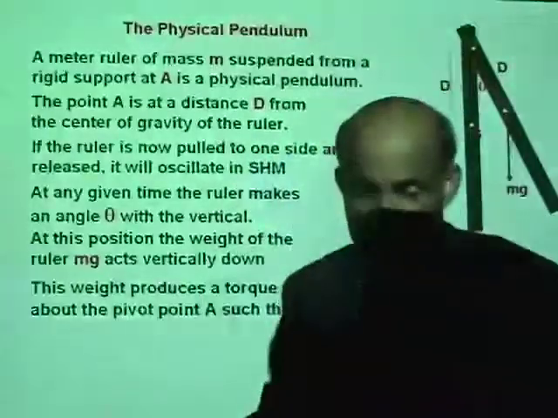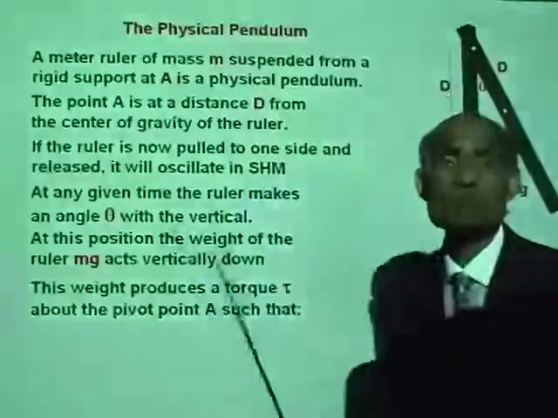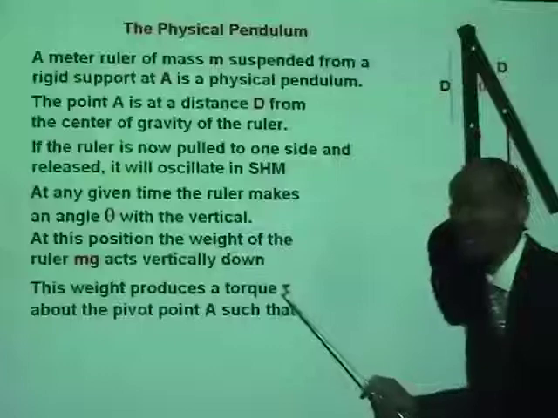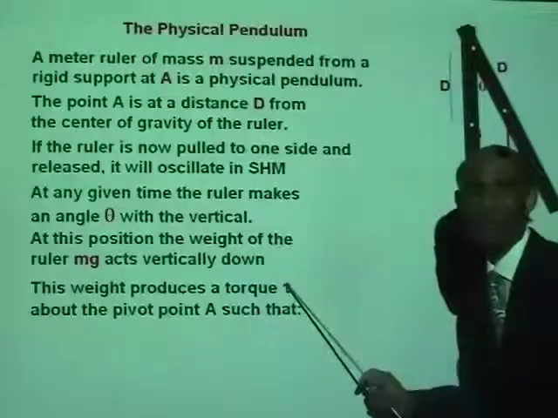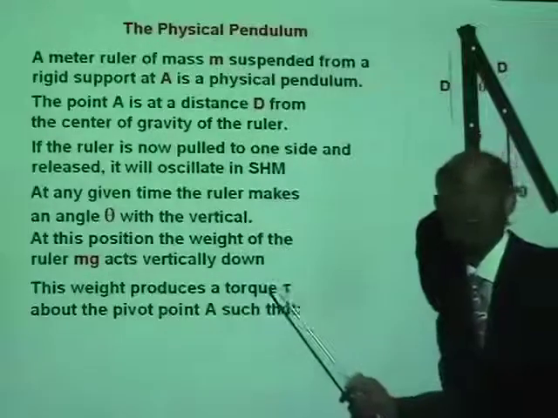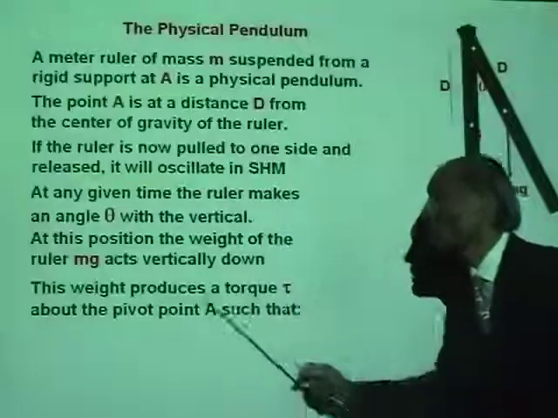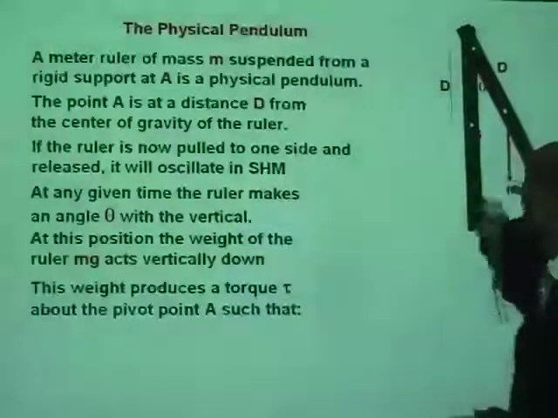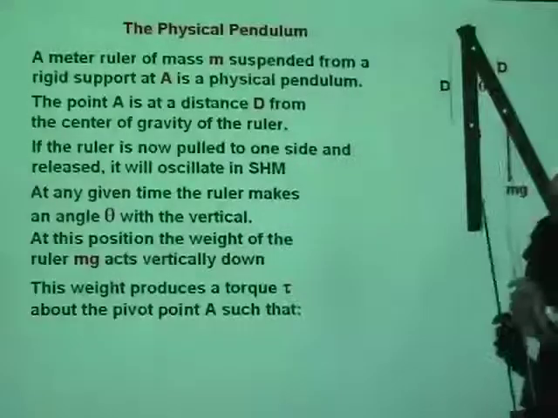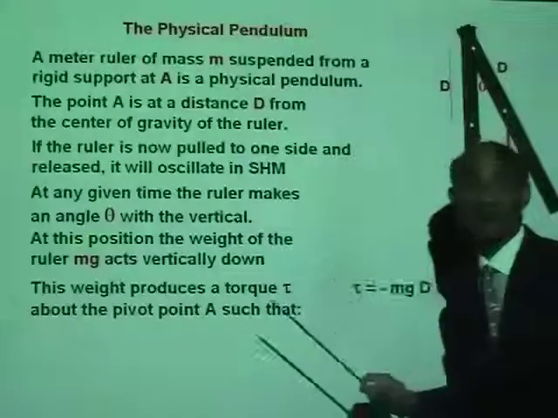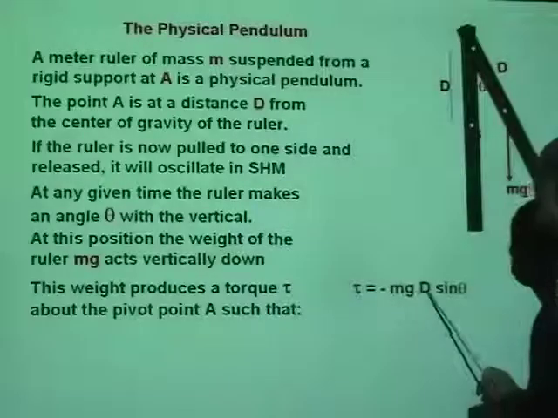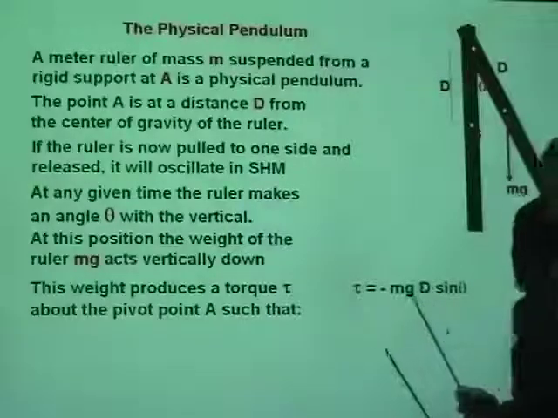I hope you remember this: tau, the Greek letter tau, represents the torque. So the weight produces a torque tau about this pivot position such that tau equals negative mgd sine theta.